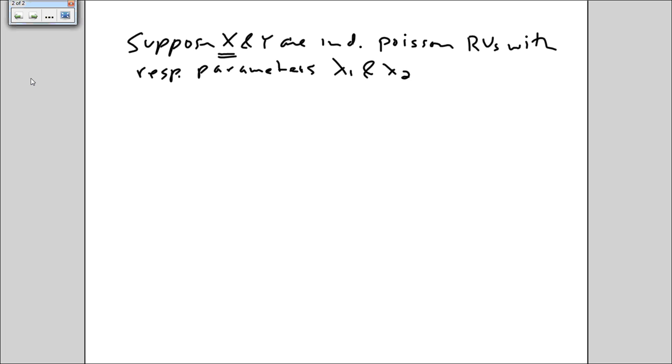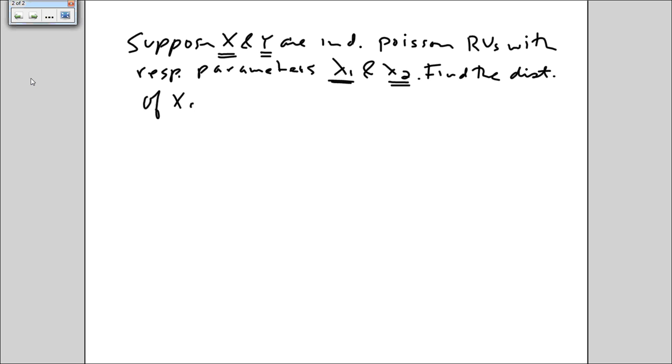Since I wrote x first, that's the respective parameter. I wrote y second, that's the parameter of y, lambda 2. And of course, we want to find the distribution of x plus y.